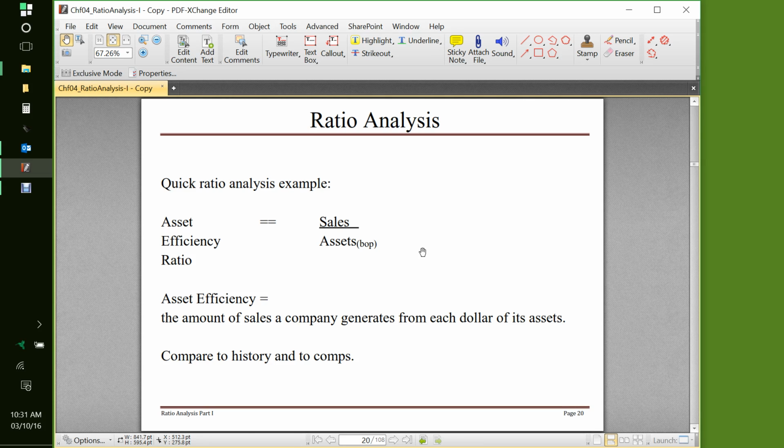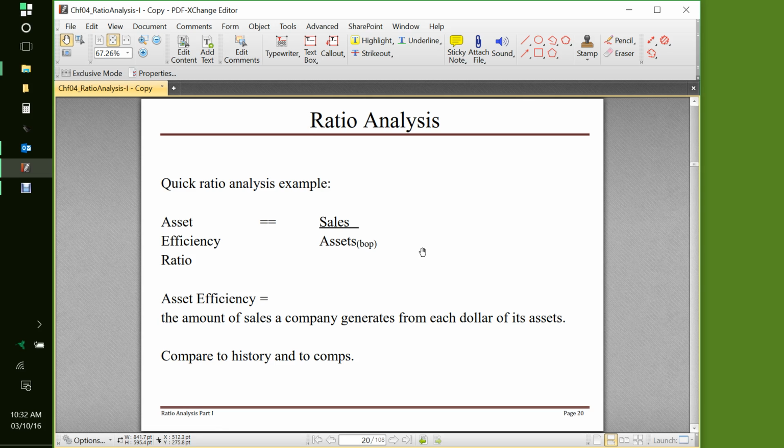This is an extremely helpful ratio. Here's the intuition about this ratio. It answers the question, given the assets that your firm had at the beginning of the period, how much sales were you able to squeeze out of that set of assets?